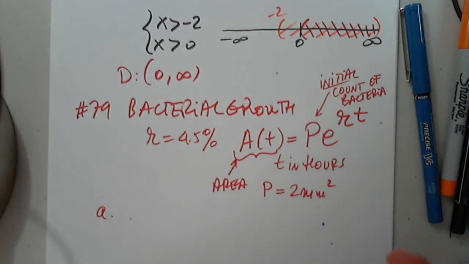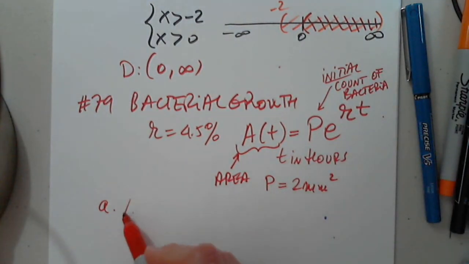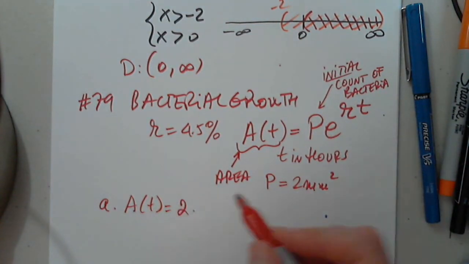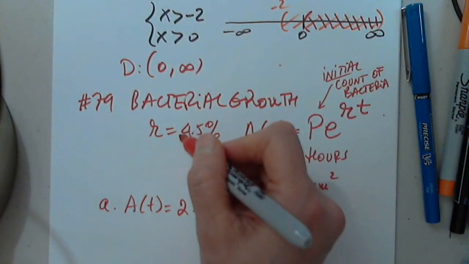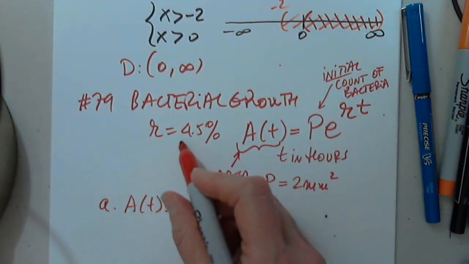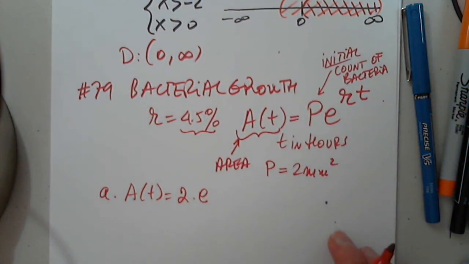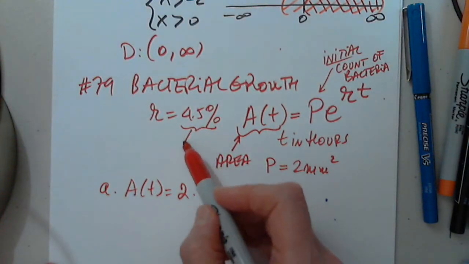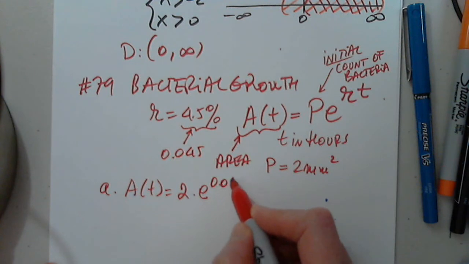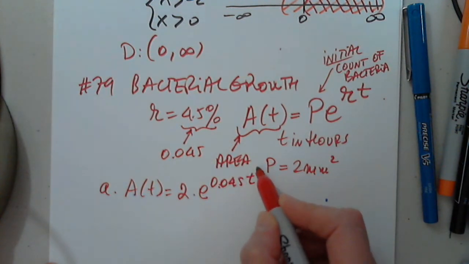So in part A, they're asking us to write the function. No problem, I have everything. So this is A of t. I will replace P by 2. I will have e. I will have the growth rate. How do I write it? Because it cannot be in percent. 0.045, 0.045 times t.